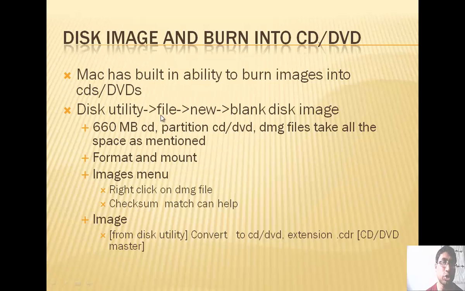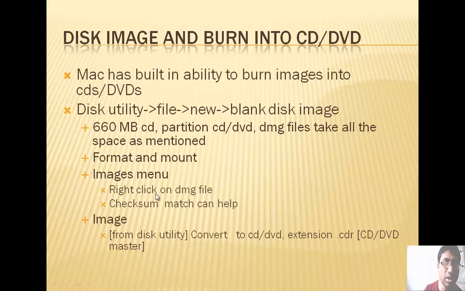So you may need to format it and mount it. After creating the new blank disk image as a CD drive, you can format it and mount it, using the CD file system, the file system used in CDs. And you can convert the file into an ISO file with the ISO extension.